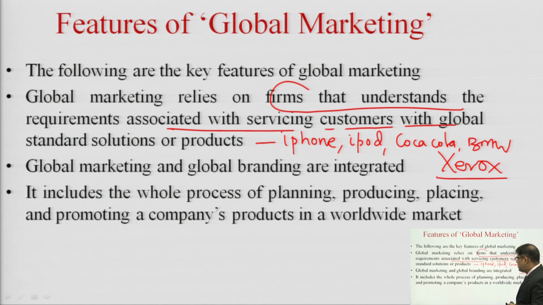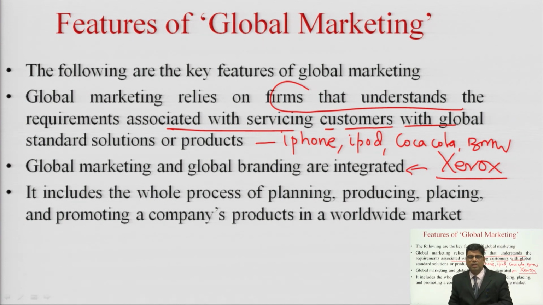The second feature says that global marketing and global branding are integrated. So, global branding goes alongside global marketing. We can take the example of Micromax phones. Micromax phones were initially launched in India, and when they were marketed in India, there was an Indian brand ambassador, while for selling the phones across the globe, Micromax selected Hugh Jackman as the global brand ambassador.